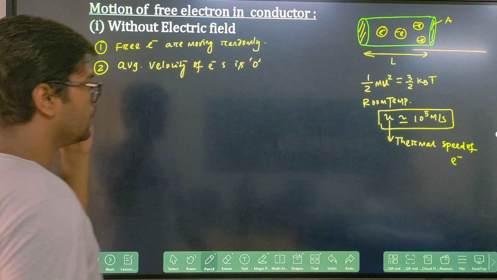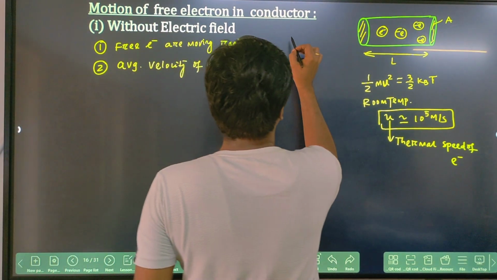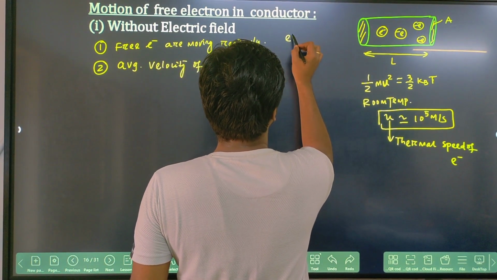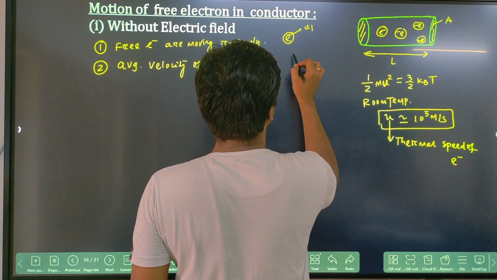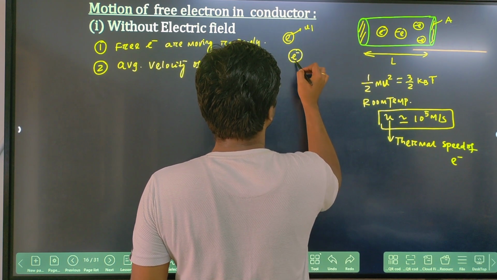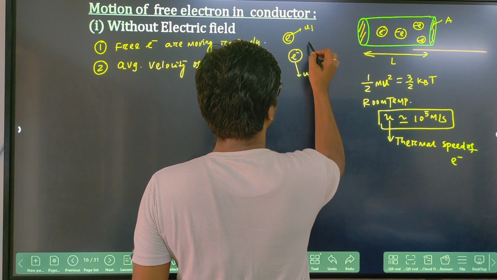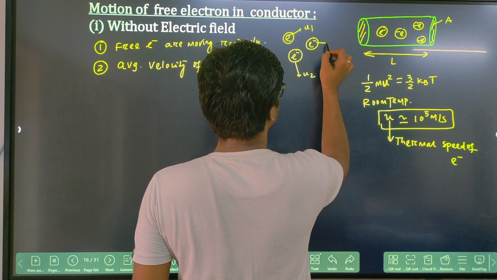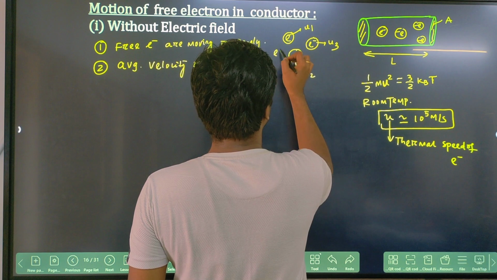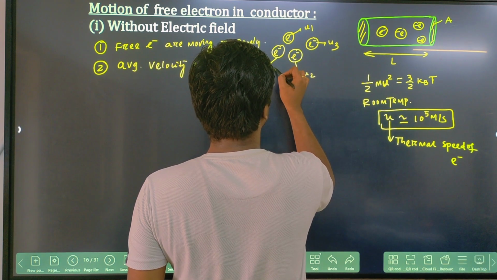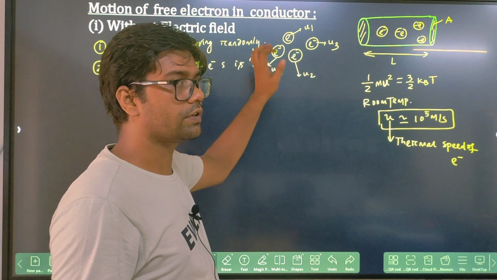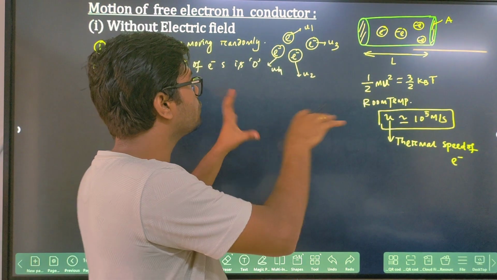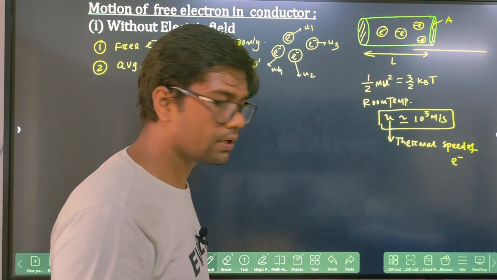Why is it 0? Imagine electron number 1 moving with velocity u1, electron number 2 moving with u2, electron number 3 with u3, electron number 4 with u4. Like that there is a large number n of electrons, all moving randomly in every direction. Clear?